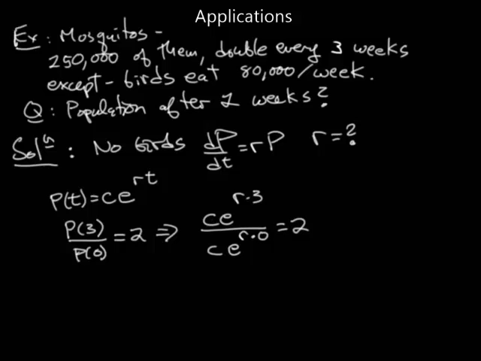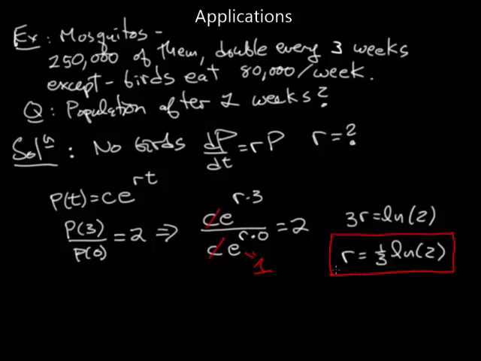And that tells you right away that e to the 3r is equal to 2, since e to the r times 0 is 1. So that 3r is log of 2, and r is 1/3 log of 2. So that's very much like the previous example, except with a 1/3 instead of 1/10.